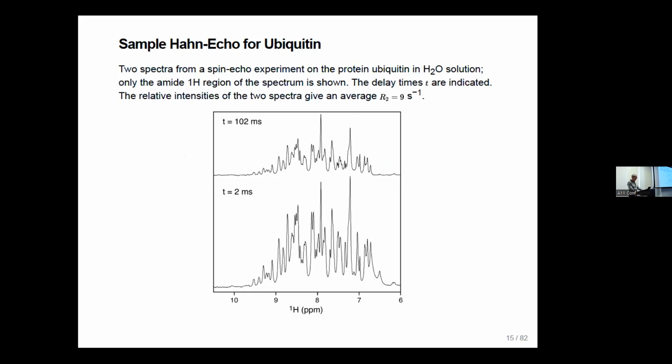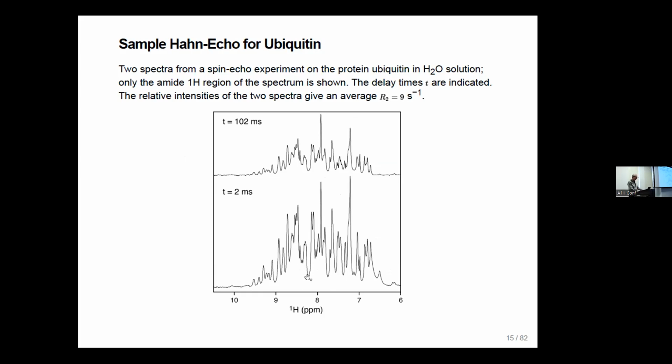And hopefully, I did this experiment, I actually can't remember, but hopefully I did it with some selective pulse on the amides in order to eliminate the effect of the J coupling from the alphas, which would be the main J coupling to the nitrogens.